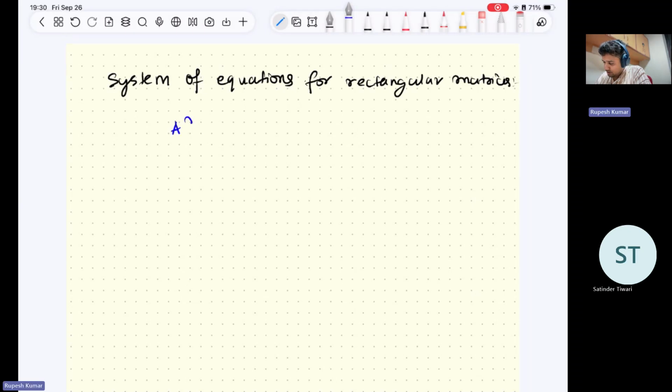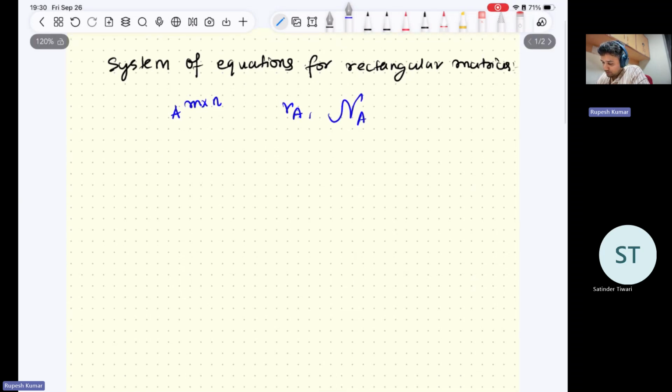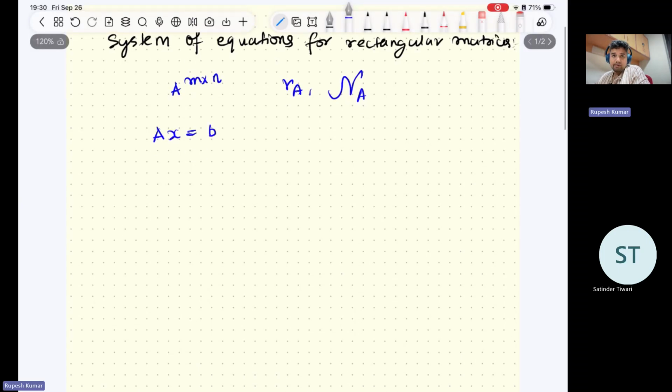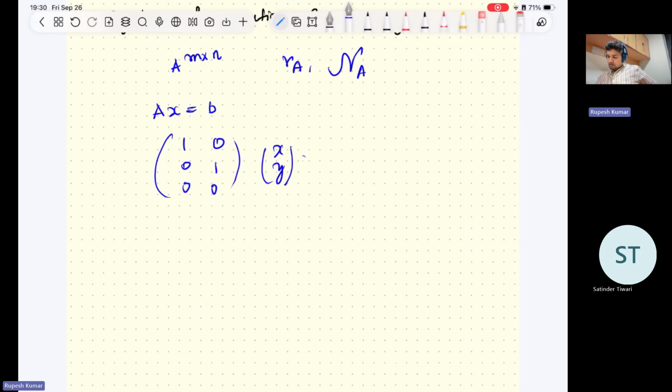Let's say you have a matrix that has dimensionality m cross n, the rank is R(A) and the null space is N(A). These definitions are well known. The question is, you have a system of equations AX equals B. Do we have a solution for this system? Let's take an example here: the matrix 1 0, 0 1, and take x as (x, y) and b as (1, 1).